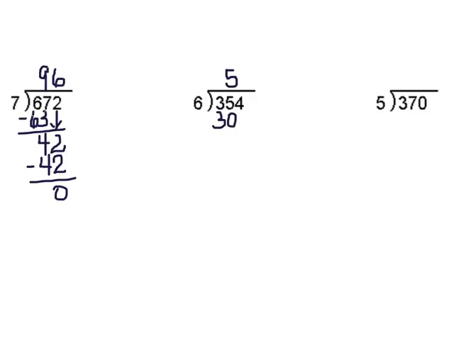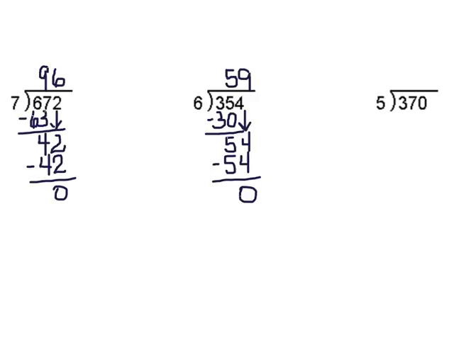I subtract to see how close I got. And 35 minus 30 is 5. I'm going to bring down my 4. And now, how many times will 6 go into 54? It will go in there 9 times. And 9 times 6 is 54. Subtract, and it went in there 59 times, so my quotient is 59.